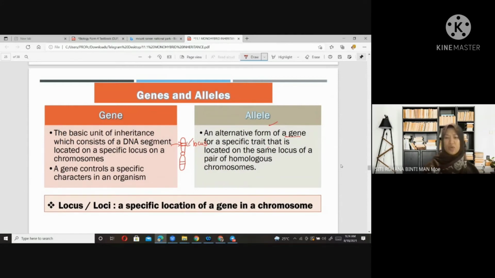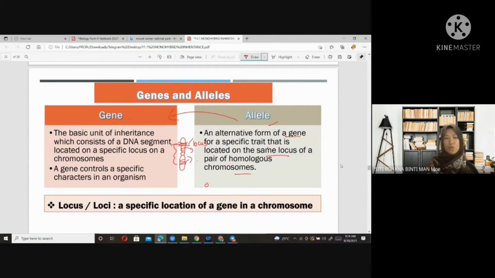Okay, so allele, an alternative form of a gene for a specific trait. Okay, so actually just like tadi saya sebut trait characteristic, allele lebih spesifik, gene ni lebih general. Okay, so all these are genes. Genes. Allele specific. Kita nak tengok eye color, hair color. Okay. So same locus of a pair of homologous chromosomes.